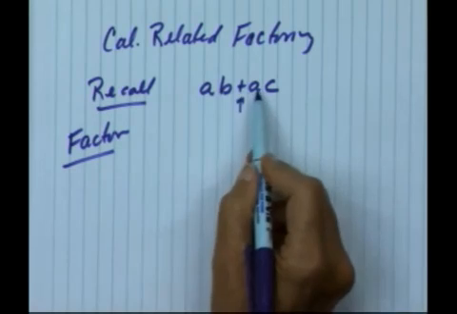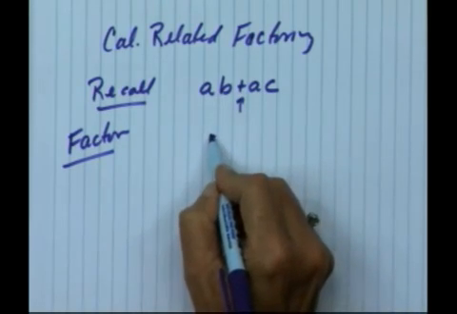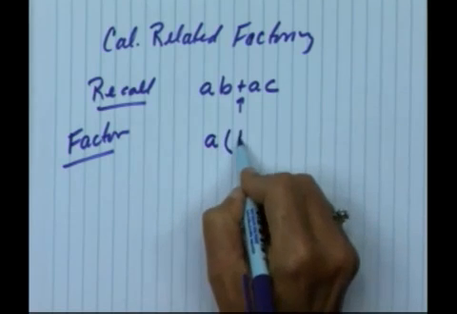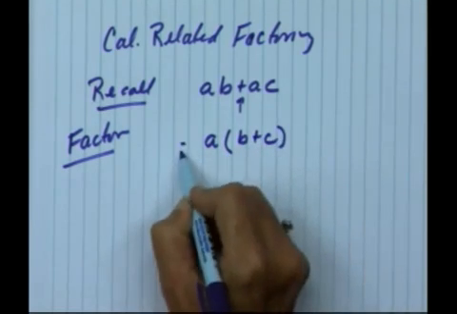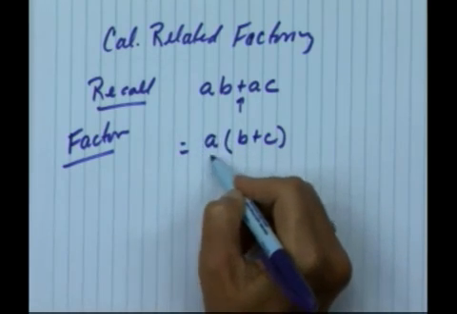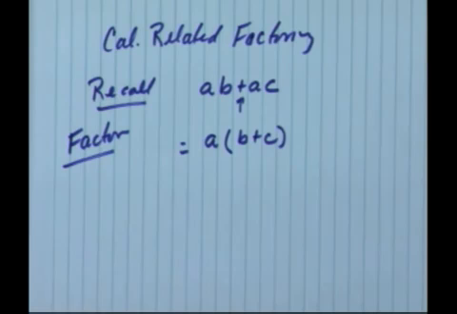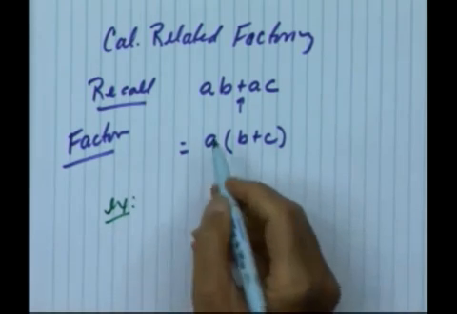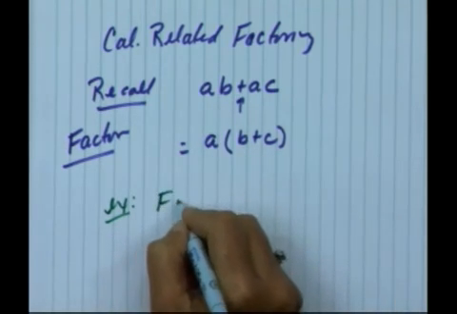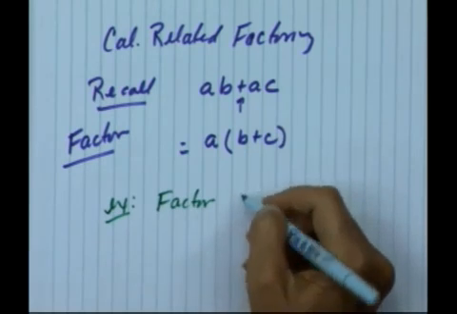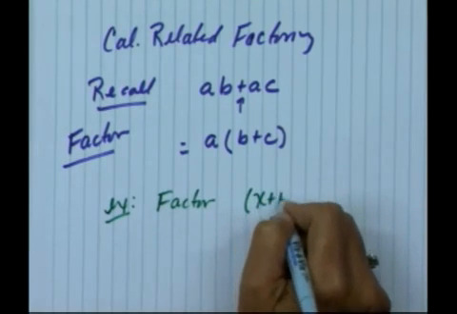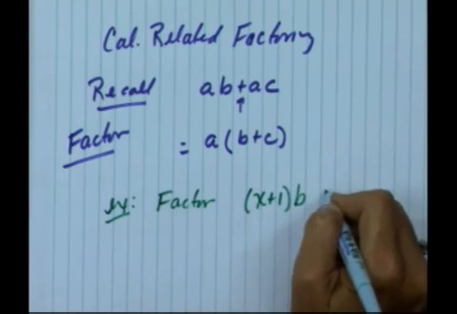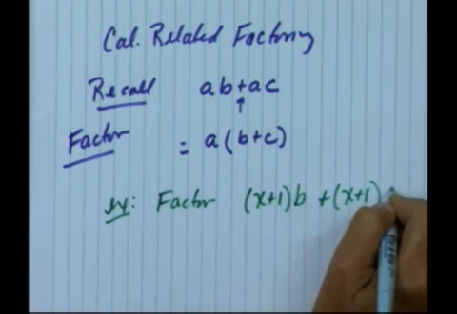Using that distributive property in reverse, everybody says, oh, you just factor out an A and you have B plus C, right? And now it's a product, A times B plus C, so it's factored. If you know that, you can do every problem on this page. Here's my example. Suppose that we're told to factor x plus 1 times b plus x plus 1 times c.